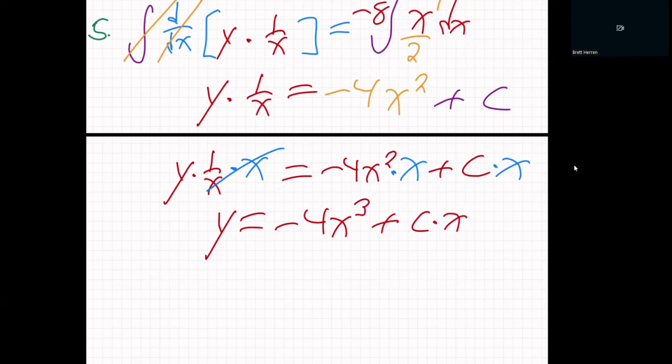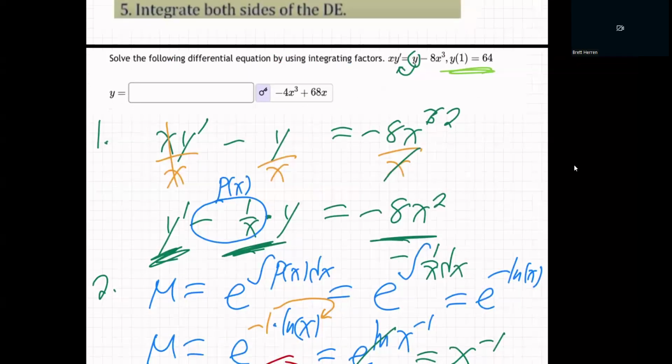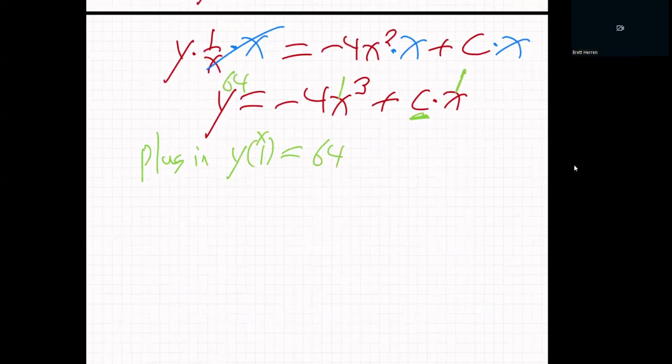Now, last thing, we want to find out what that constant is. How do we do that? Plug in y of 1 is 64, like they told us. That means when x is 1, so put 1 there, and 1 there, y will come out 64.